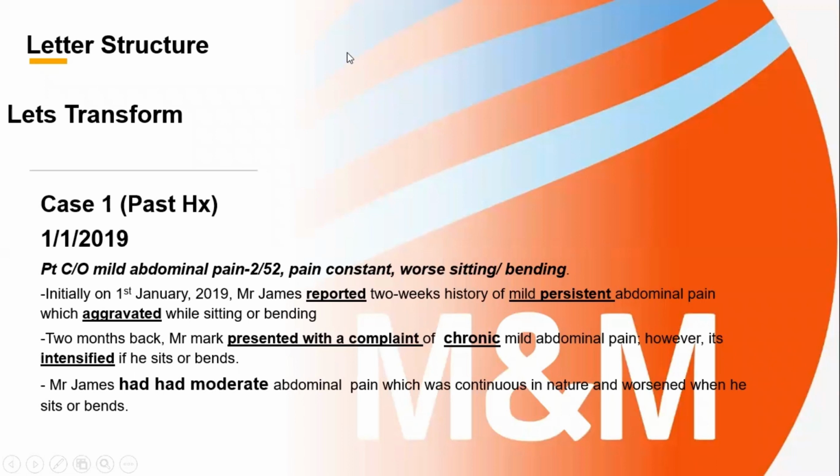Initially on 1st January, patient complained of mild abdominal pain for 2 days. Right, that's fine. Okay, so let's say initially on 1st January 2019, Mr. James reported a 2 week history of mild persistent abdominal pain which aggravated while sitting or bending, for example. So I tried to change the words that have been used in the case note.